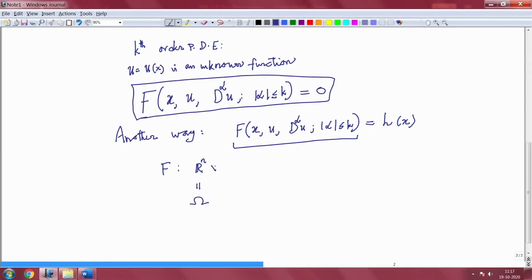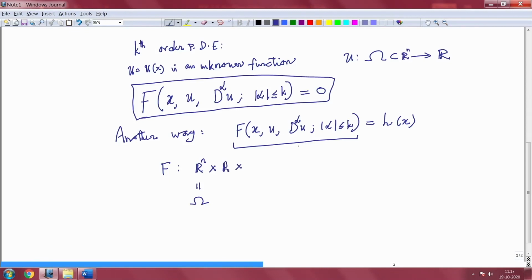Then you have your u, an unknown function. So, u mapping from some omega, a subset of Rn, to R, and it is a real valued map.